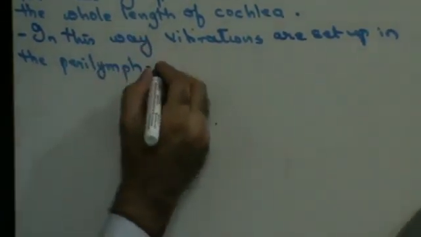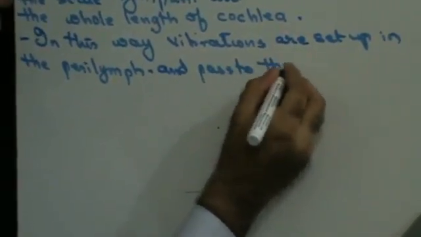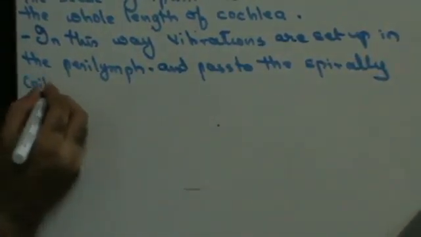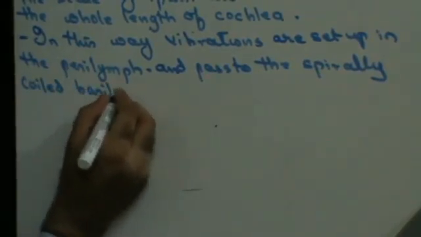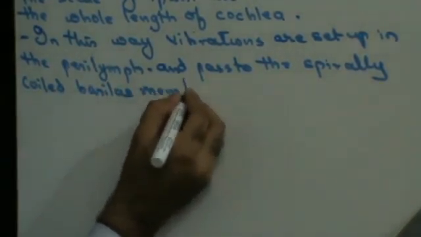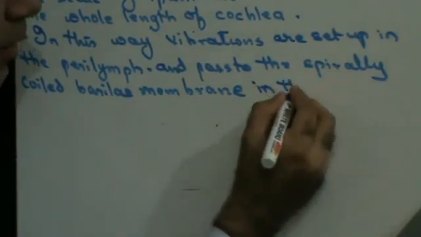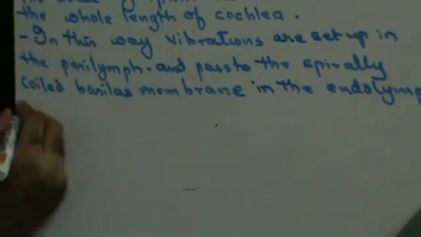Vibrations are set up in the perilymph and pass to the spirally coiled basilar membrane in the endolymph of scala media.